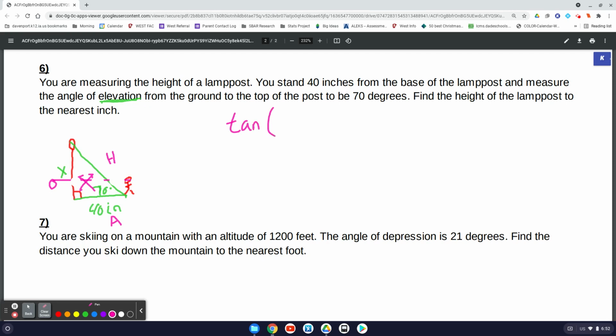So tangent of our angle equals O over A, or X over 40. I see a fraction, don't like them, multiply both sides by the bottom. Notice on every single one of these problems, we're always multiplying both sides by the bottom, no matter what.